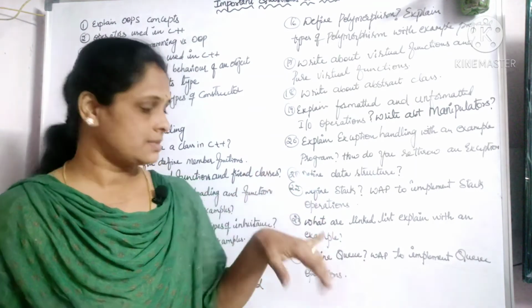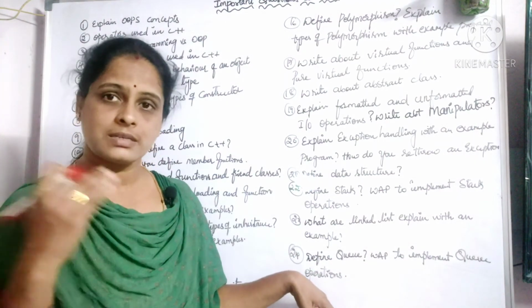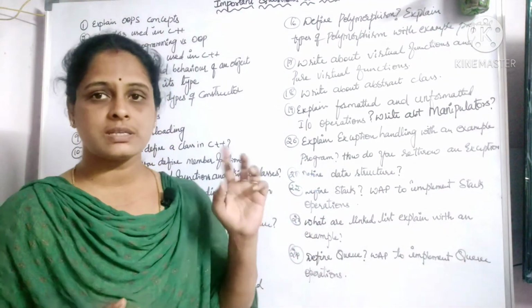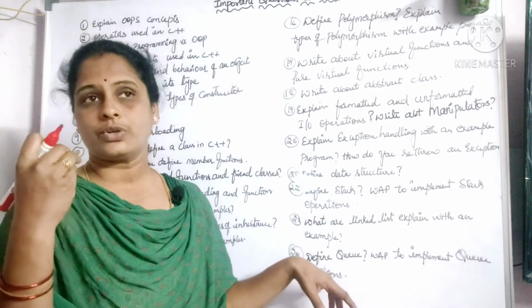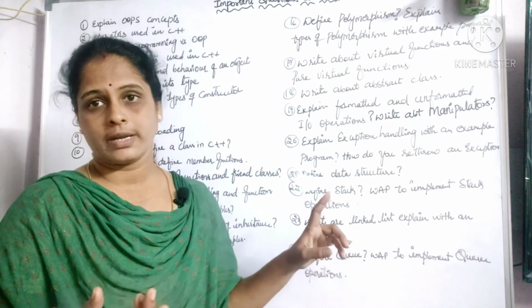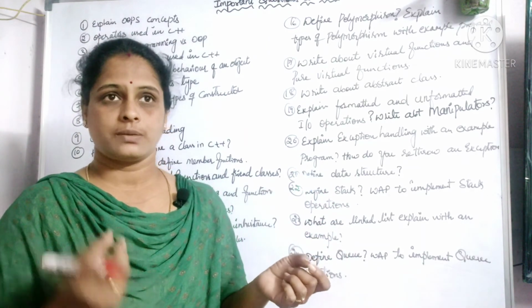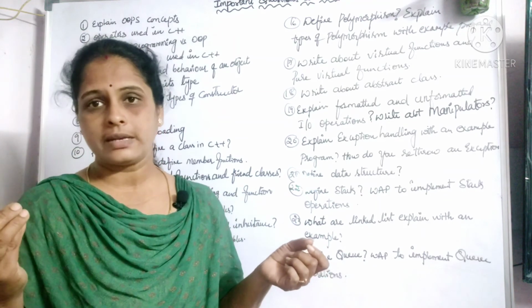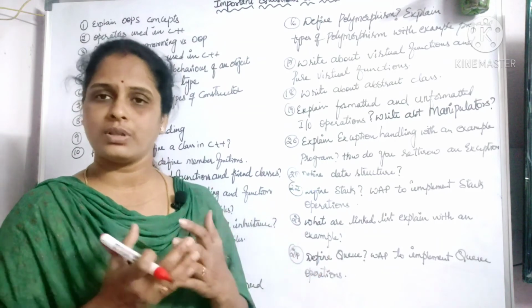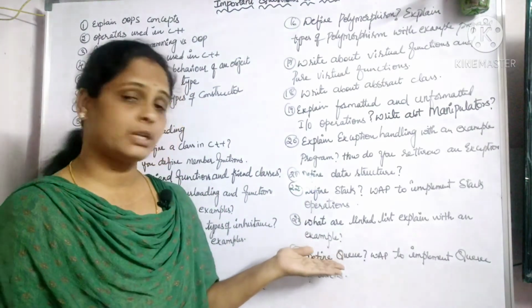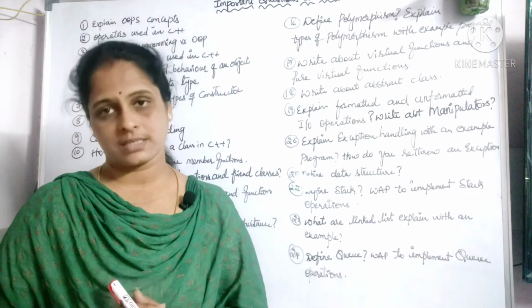This is said to be FIFO, first in first out, or last in last out, and a stack is said to be first in last out or last in first out. Then the operations you perform on it: you can insert an element, delete an element, find an element, get the front element, etc. All these are different operations you can perform on a queue. Show this in a program by implementing all these different operations.